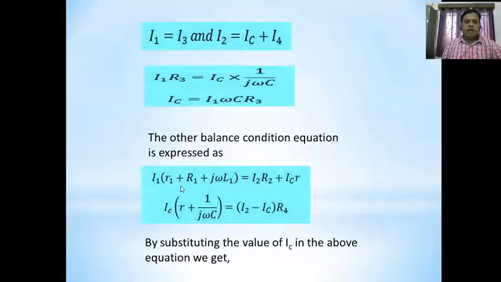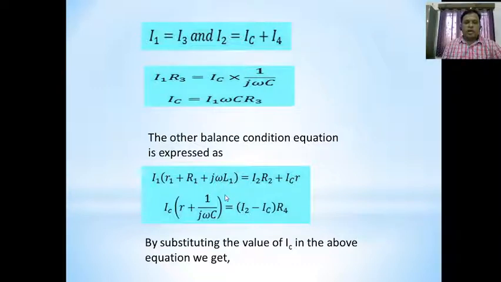Therefore the other balance condition equation can be represented as I1 into R1 plus capital R1 plus j omega L1 is equal to I2 into R2 plus IC into R. So students, here IC is taken common, and we have the expression R plus 1 by j omega C, and that is equal to I2 minus IC into R4.